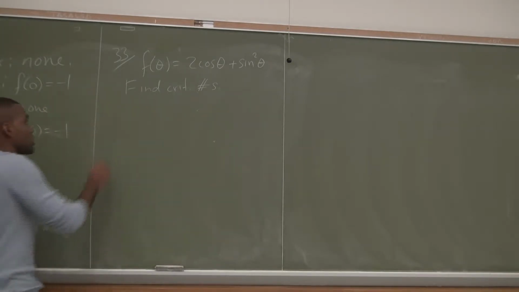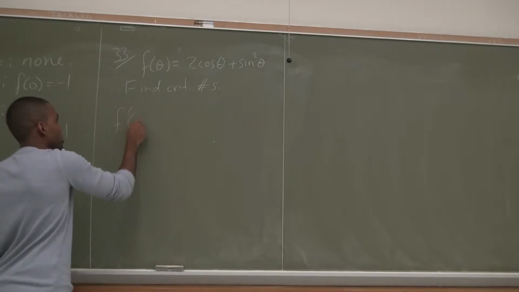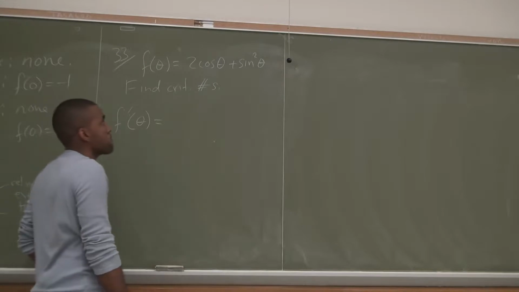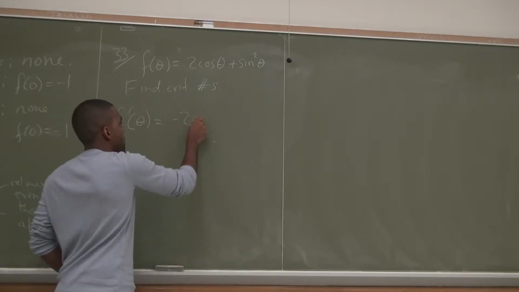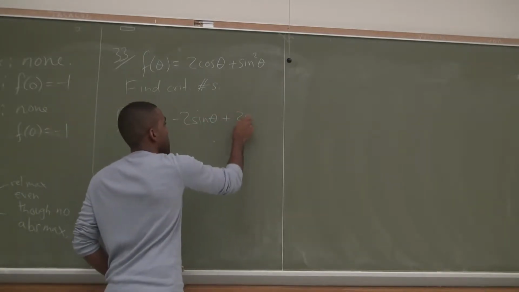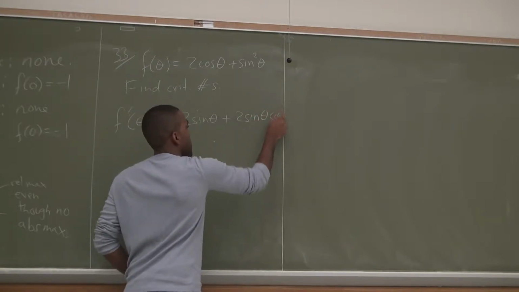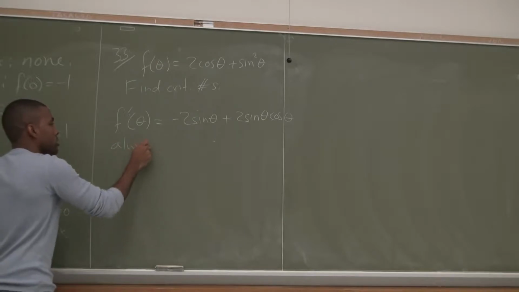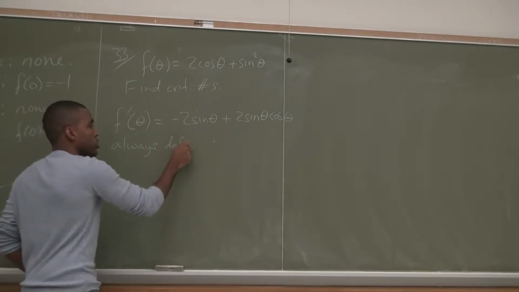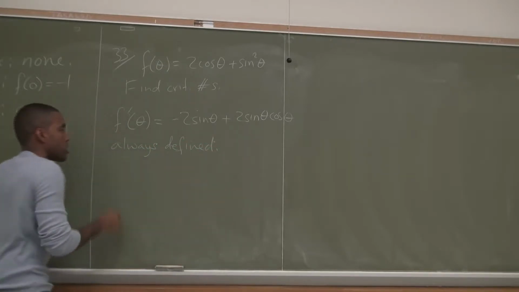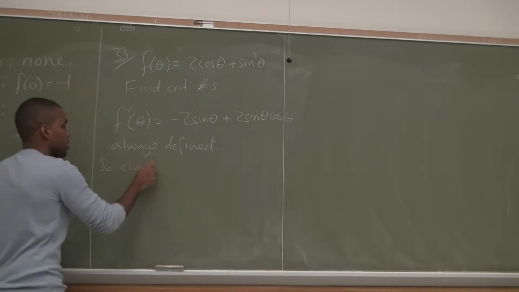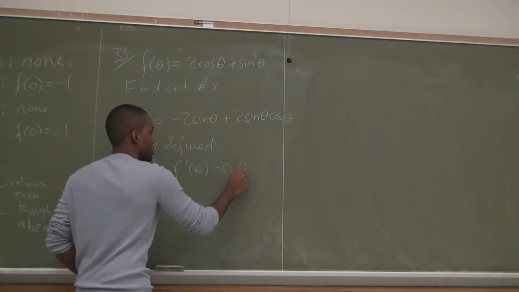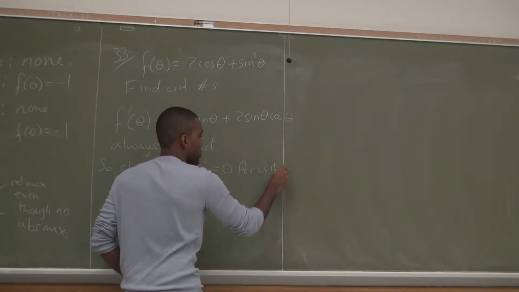First you find f prime of theta, which is negative 2 sine theta plus 2 sine theta times cosine theta. This is always defined because sine and cosine are continuous everywhere. So check f prime equals 0 for critical points.